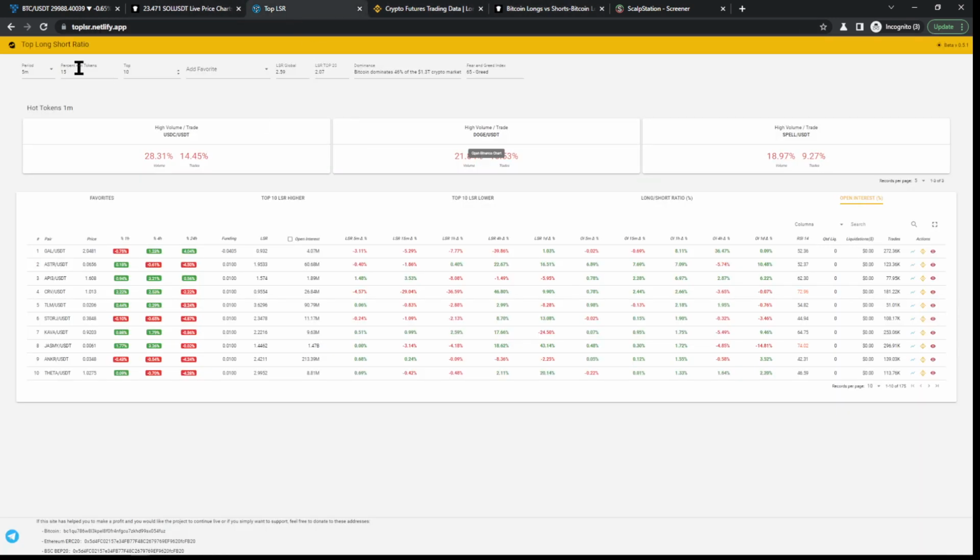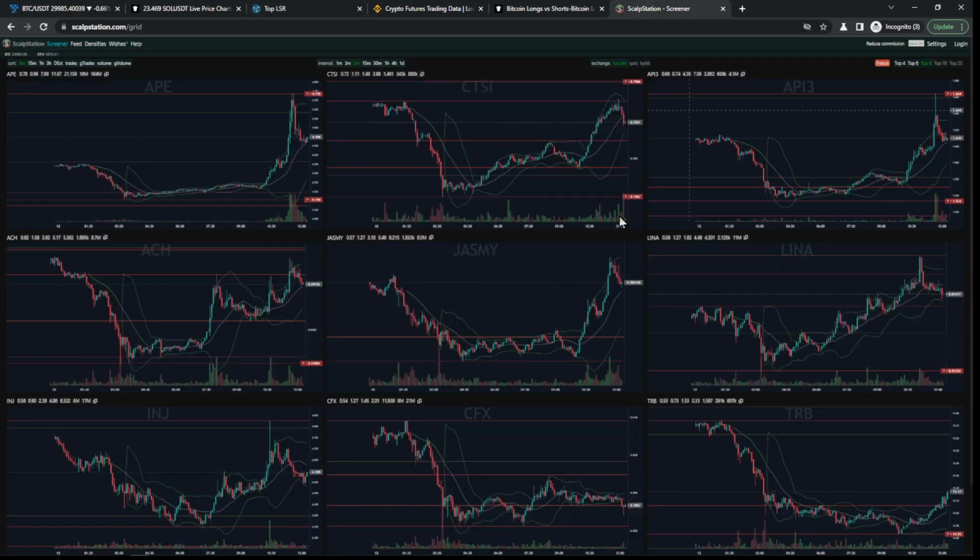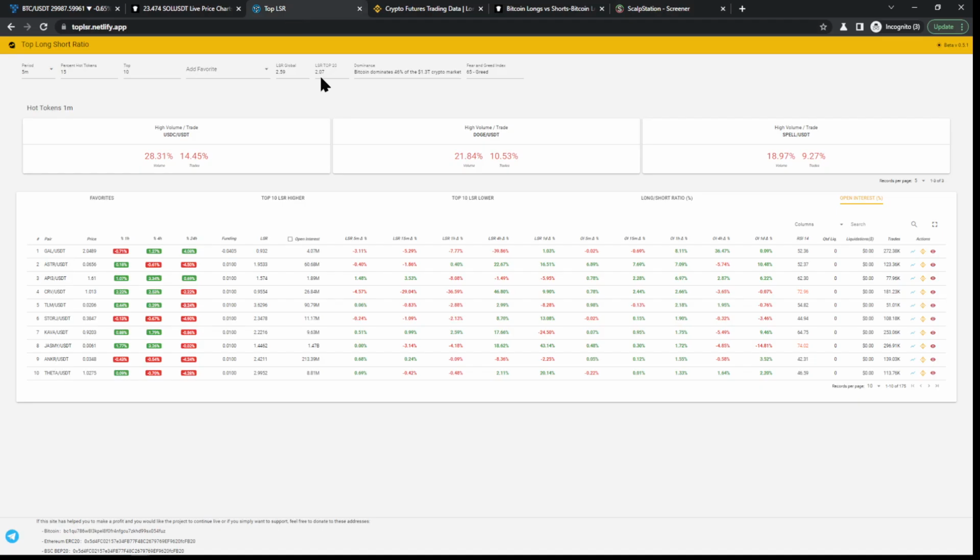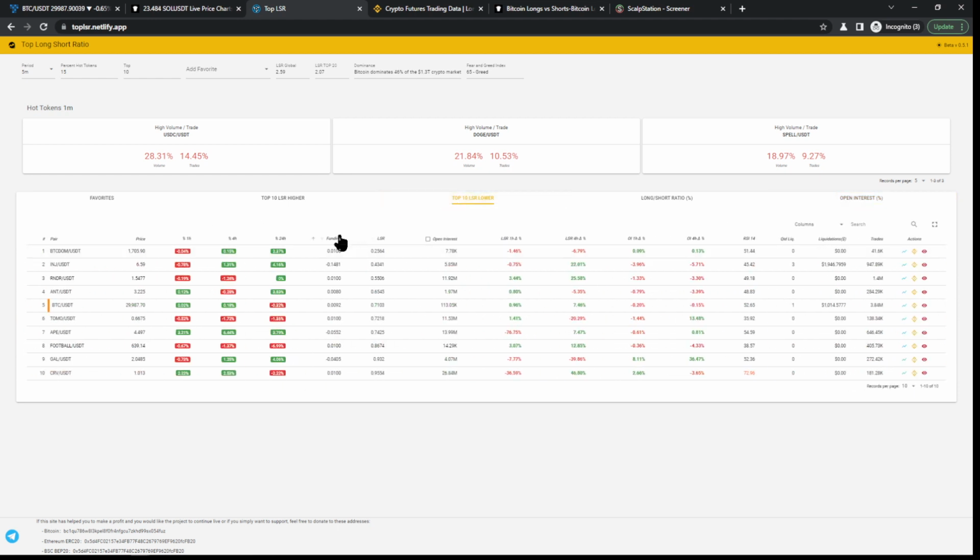But I use this one, TopLSR, and that's what we want to implement in scalp station, where you can just filter for open interest or low coins. What's happening is the exchange, the market maker, they look at their coin board, let's say, and they see there's, I don't know, 100,000, 200,000, let's say $1 million to be liquidated, with a lot of people that are short.